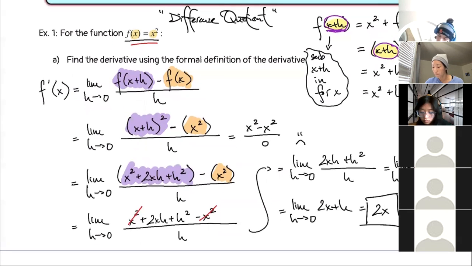But what we have here is that the derivative of x squared is 2x. Let me say that one more time. The derivative of x squared is 2x.